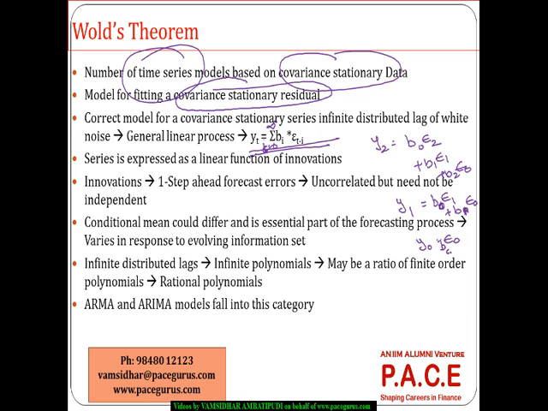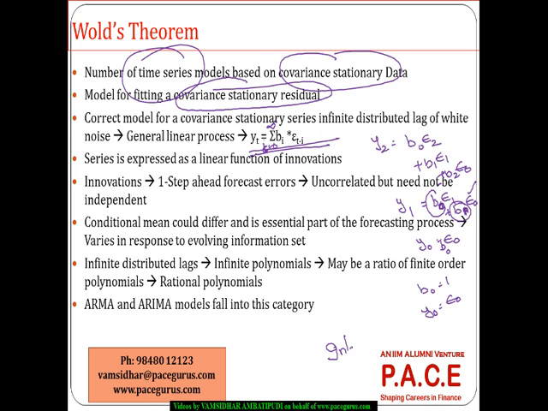b0 times epsilon 0. Now, what this mechanism typically simply says is take b0 equal to 1 always. So you are getting the value of Y0 same as epsilon 0. Now you start finding out the values of b1, b2, and so on. You do it as an iterative process.